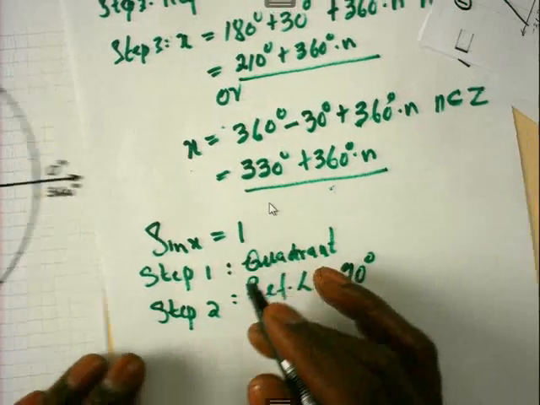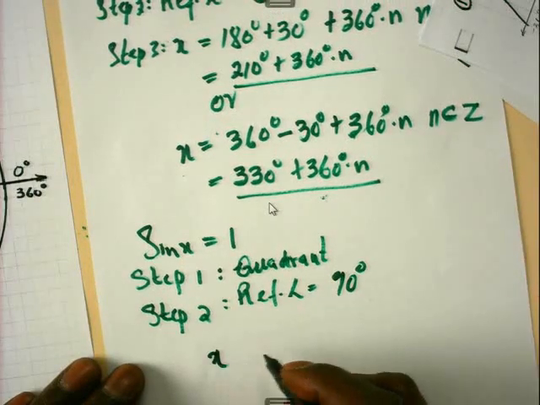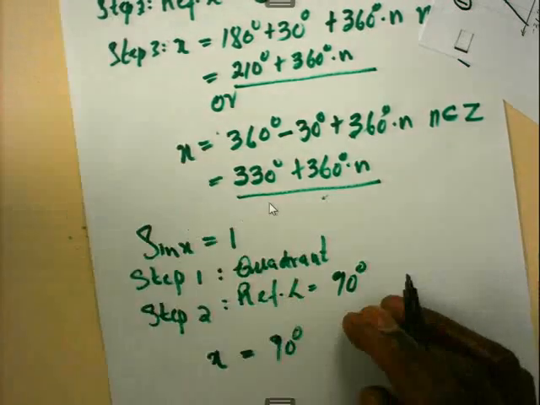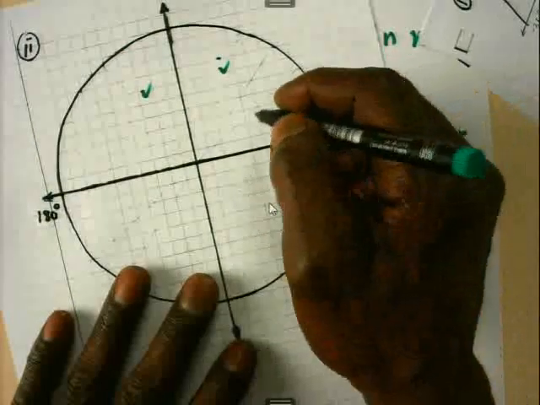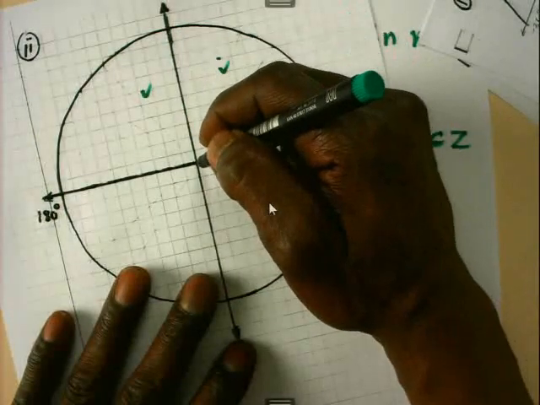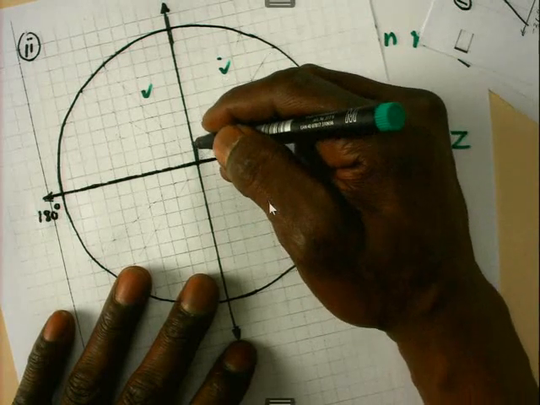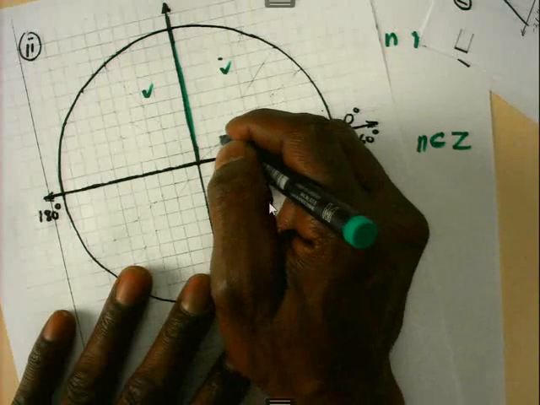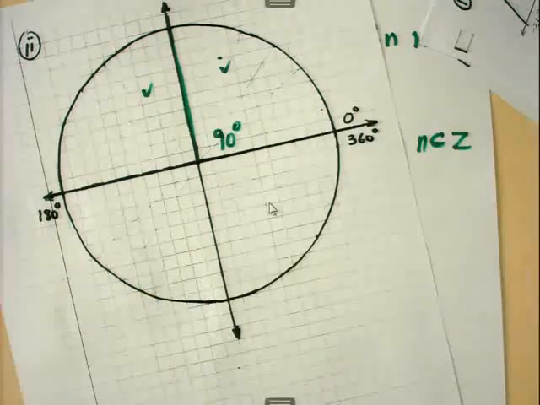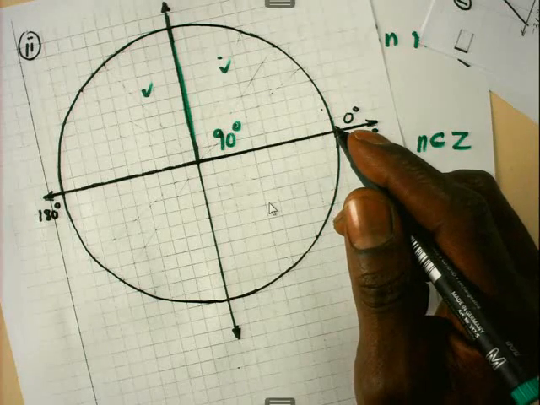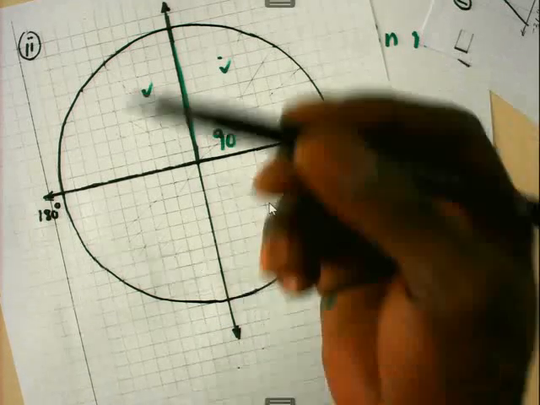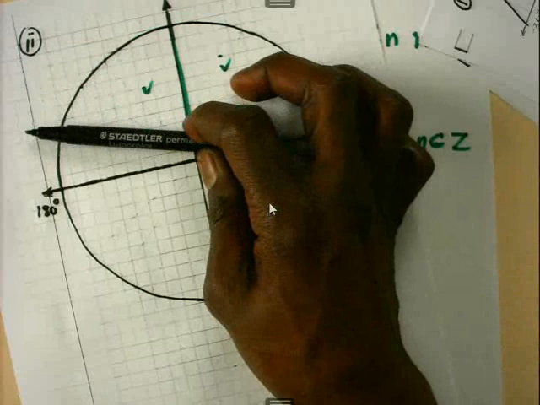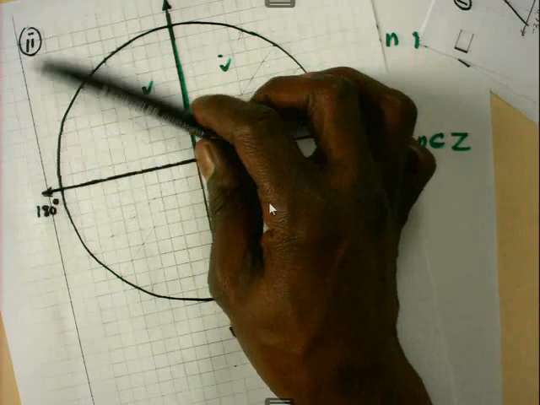So the solution for this problem will be x equals 90 degrees. So let's demonstrate that. We are in the first and the second quadrant, but now the reference angle is here, from here to there, which is 90 degrees.